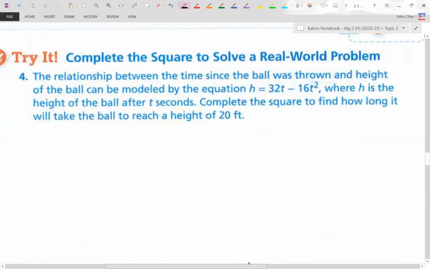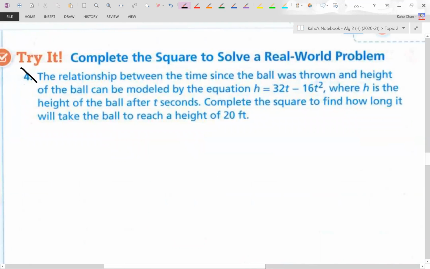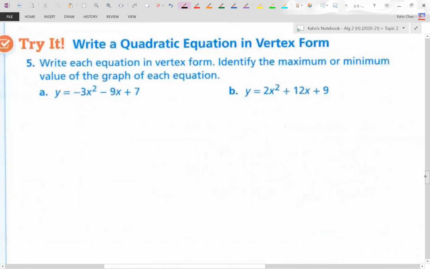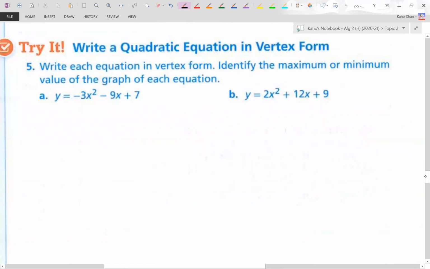I'm going to skip this particular problem, number 4, and jump to number 5. Ooh, write a quadratic equation in vertex form. Okay, so in the last few problems we were solving and got an answer for x. Here, we're just rearranging the furniture, using the completing the square technique and putting it into vertex form without having done anything to it.